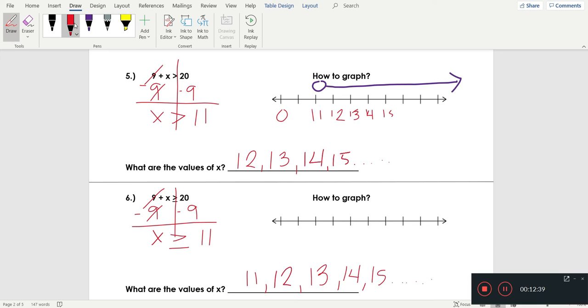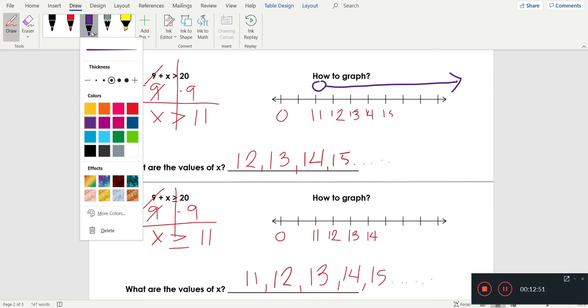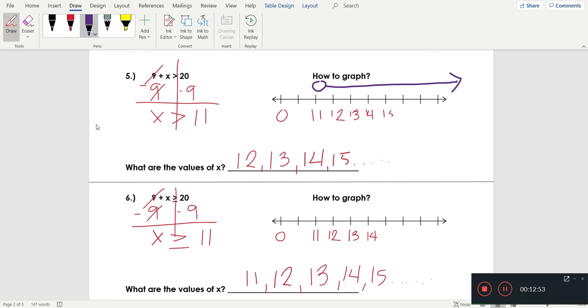If I have here the values of x, 0, I have 11, 12, 13, 14, and so on. Since 11 is included in my values of x, I'm going to have a closed circle with the line going to the right. I hope you're seeing the small difference, why it's an open circle and why it's a closed circle, because I'm writing down the values of x.